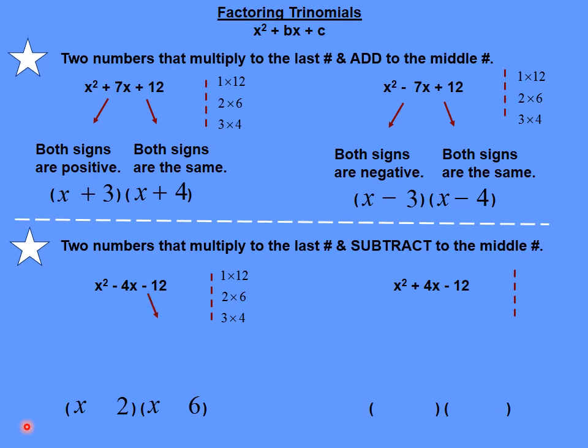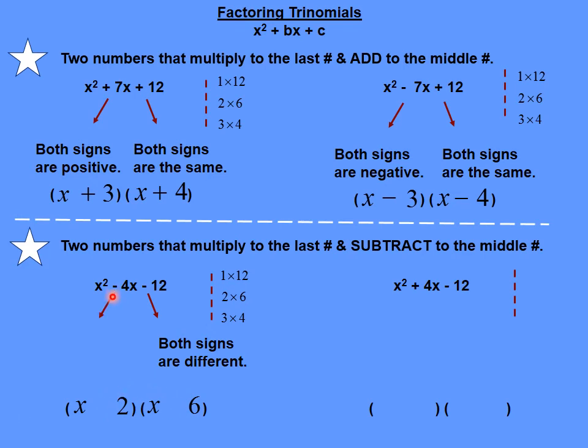And now we just have to figure out our signs. This time, a little bit different. This sign tells us that both of the signs are going to be different. So this time we'll have a plus and a minus. Now we just have to figure out, is it plus and minus or minus and plus?